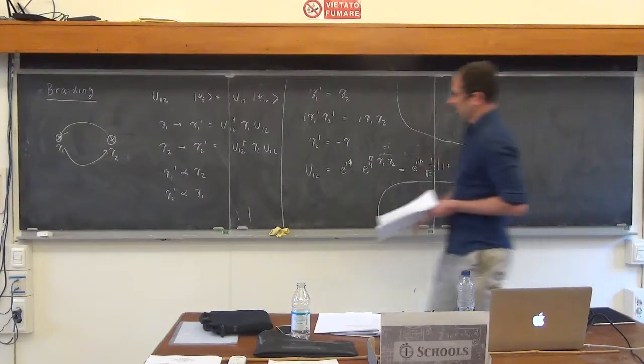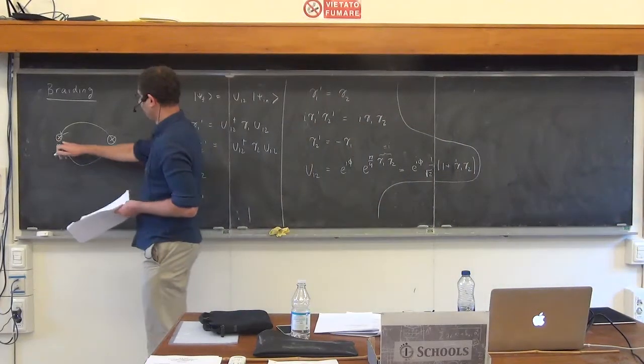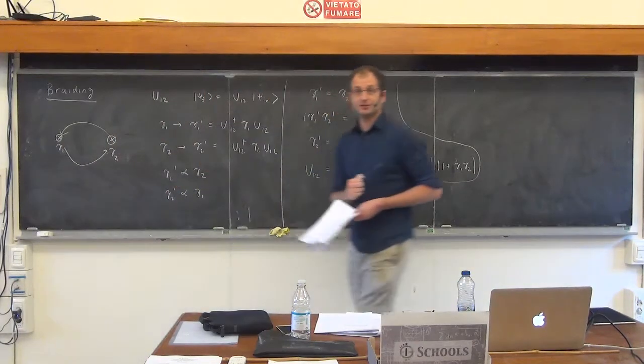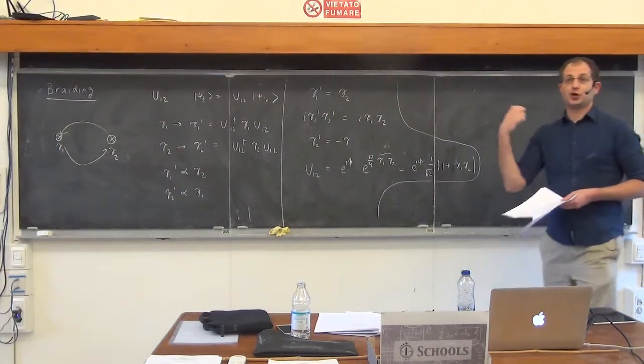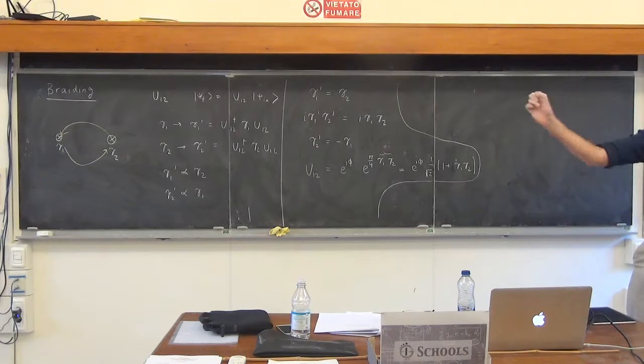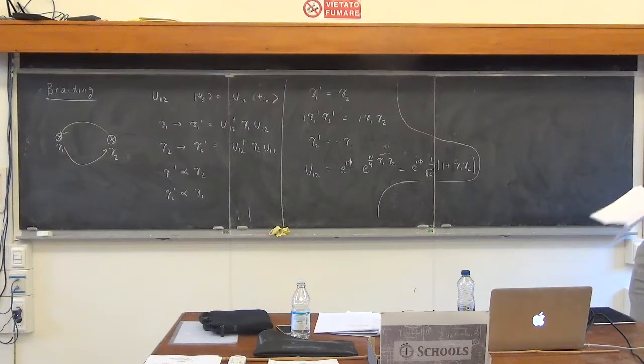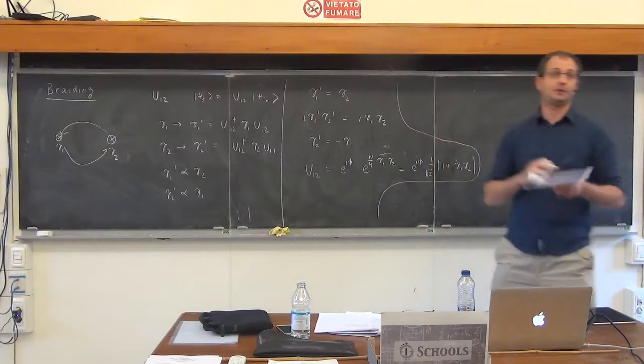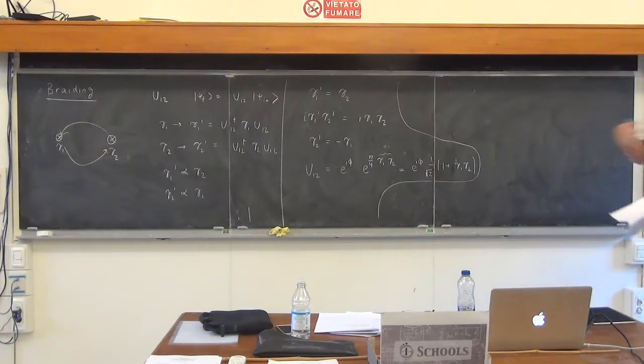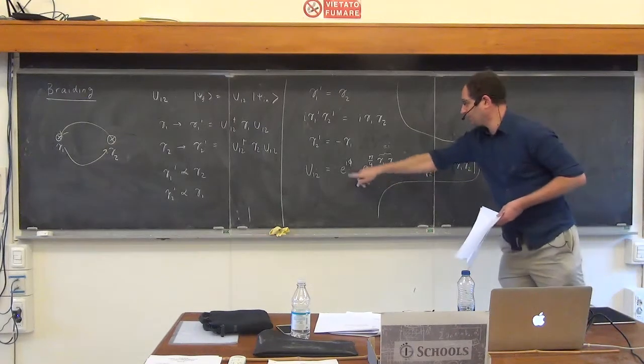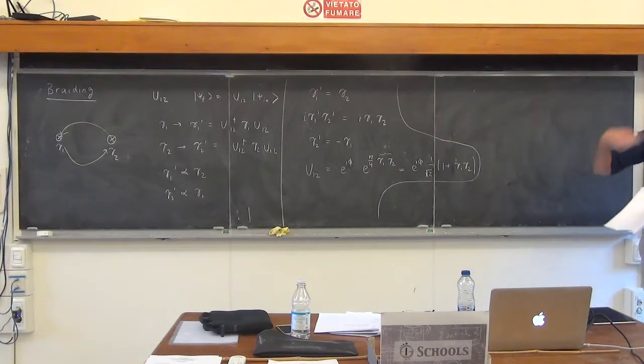If I had a system where these are really point-like excitations, that would have to be, if you like, a charged superconductor, where the interaction between vortices is actually short range, or if these are quasi-particles in the nu equals 5 halves quantum Hall state, then these are point particles. Then there's yet another subtlety. Within this phase here, you also get the Berry phase that's coming from the Aharonov-Bohm effect.